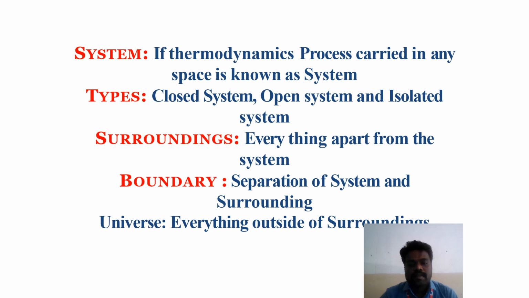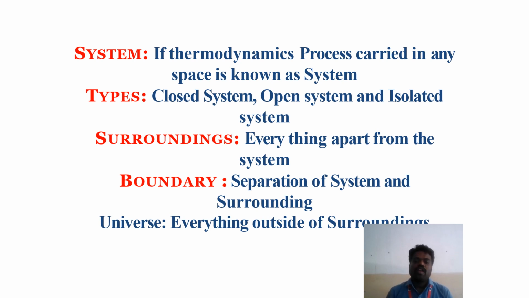Next, in thermodynamics we have to consider the four main parts of the subject. The first one is the system. What is a system? In the earlier slides we discussed the thermodynamic process.